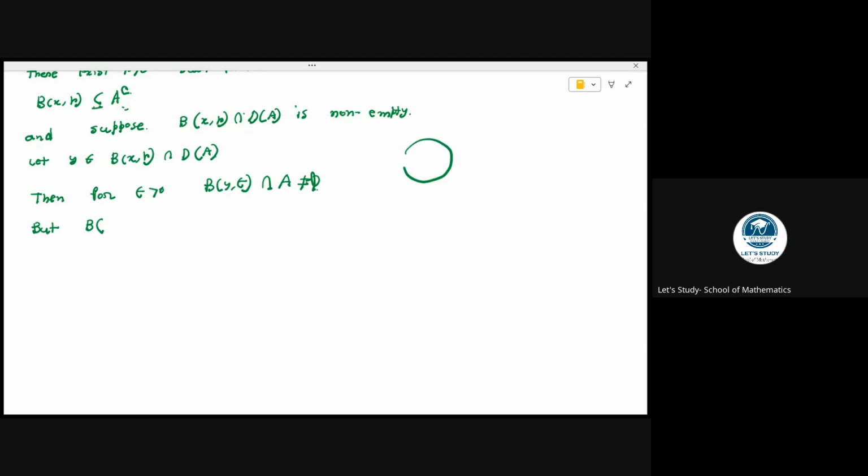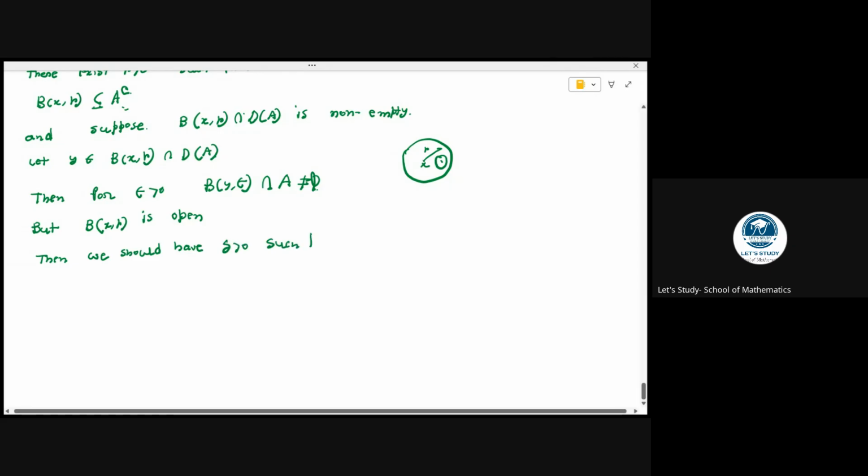Suppose you have a ball, and this is x and this is r. Since it's an open set, y inside it, you can get again an epsilon. B of x comma r is open, right? Then we should have delta greater than 0 such that B of y comma delta is inside B of x comma r.